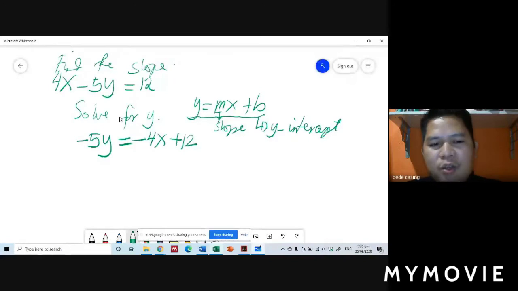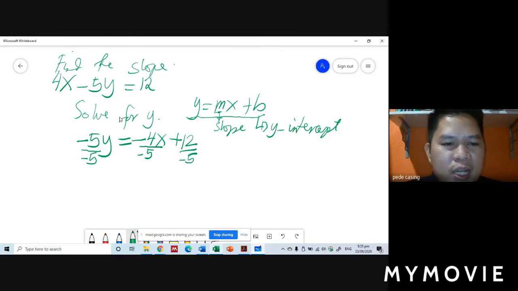Then after that, you are going to solve the value for y. Since there is negative 5 here before the y, you divide negative 5 into each of the terms. Okay, negative 5 here and also 12 over negative 5. Therefore, negative 5 divided by negative 5 will become positive 1.